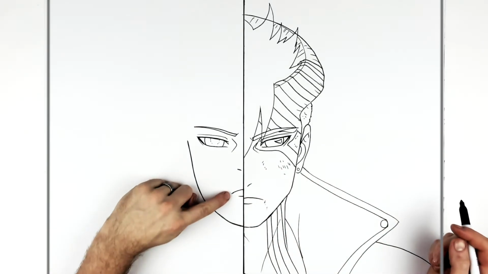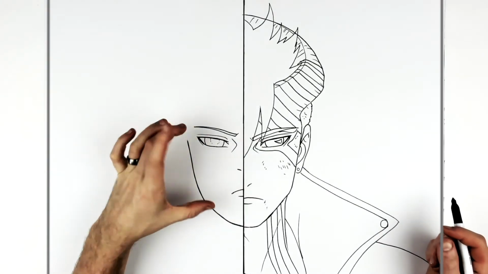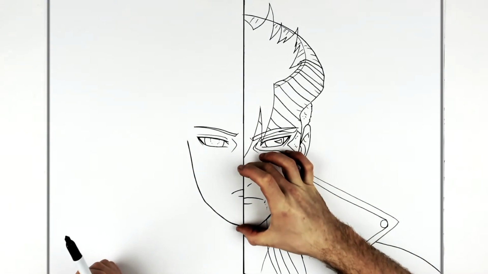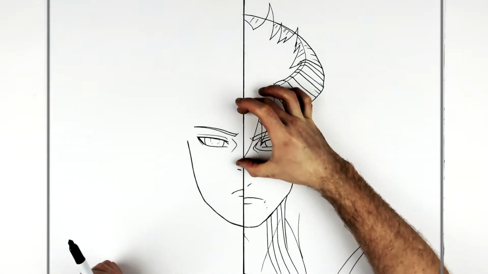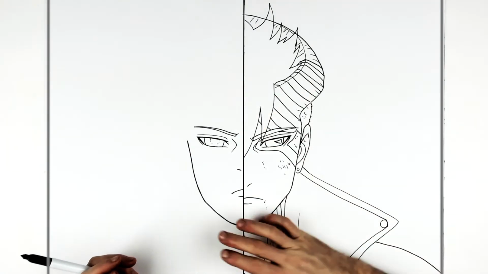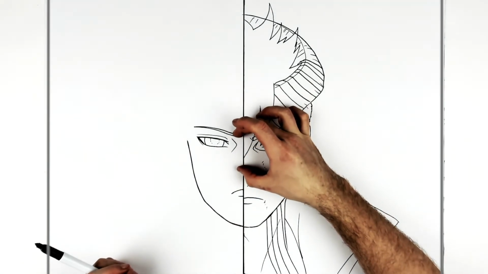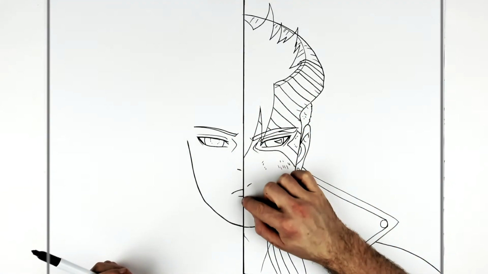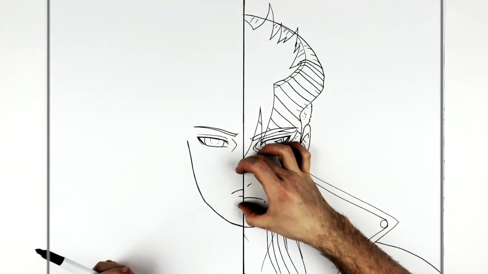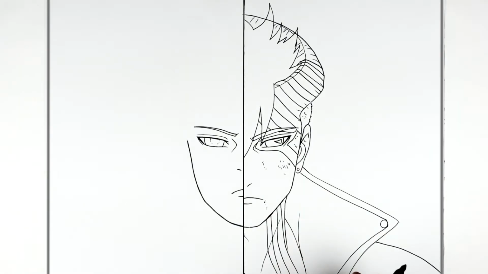Right, so the reason they're higher up than Kawaki's is because Boruto's head is tilted backwards, so it changes the perspective a little bit, right? So you see this part of his face is bigger than the whole eyebrow area. Okay, so eyebrow to nostril is about the same as nostril to bottom lip, sort of there. Right, so here and here, just underneath the bottom lip, middle of the chin.